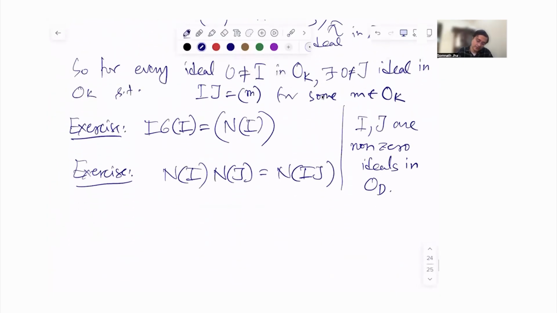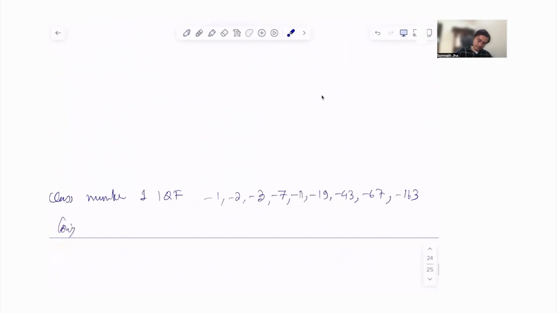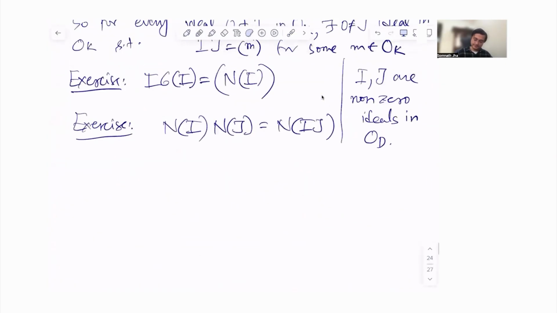Okay, so with this now we can do a very important thing. So we know that for any ideal I, there is an ideal J. So now you consider the set of non-zero ideals of O_D.